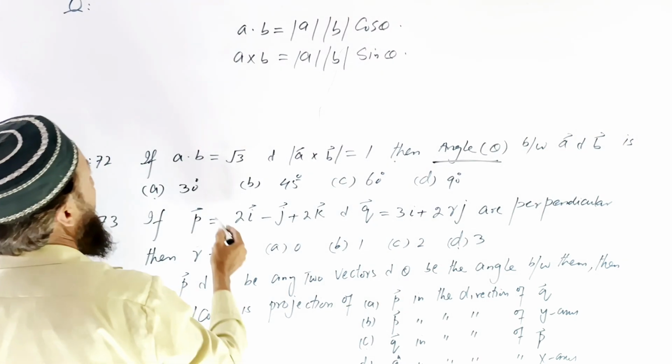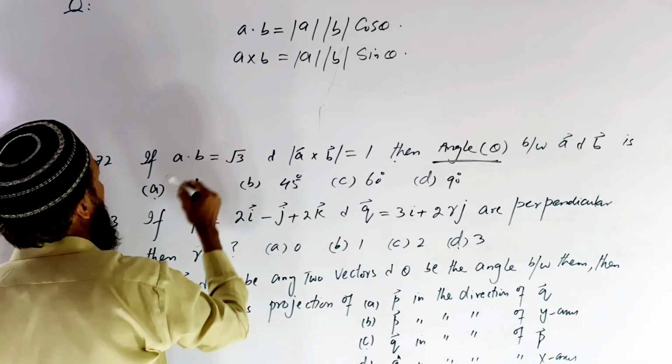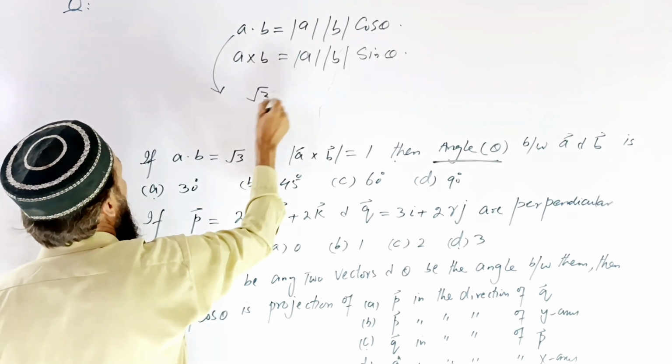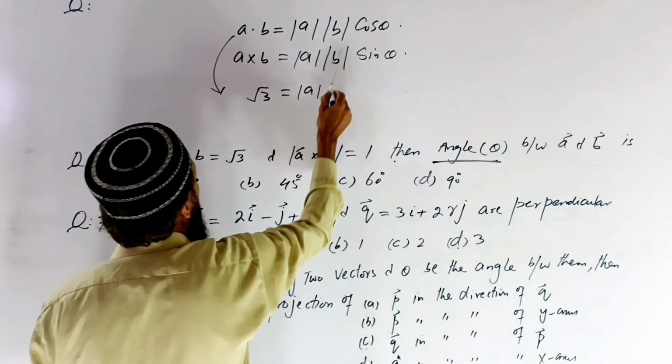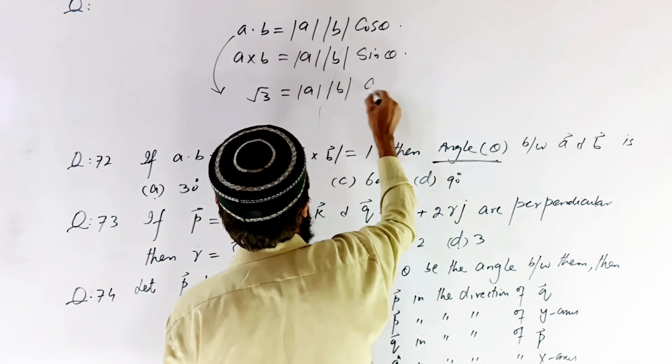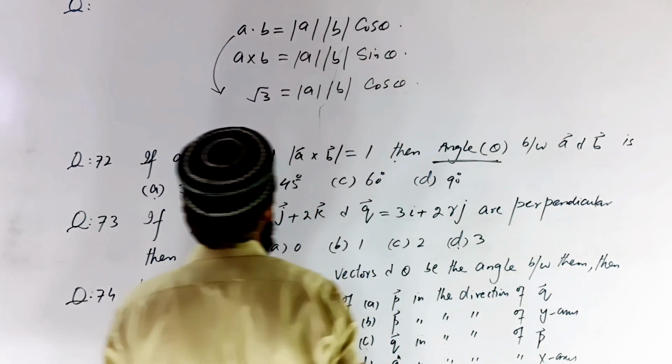If we apply both results, in the first case root 3 is equal to magnitude A, magnitude B, cos theta.